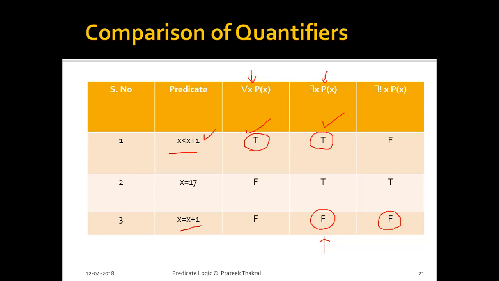So there cannot be exactly one x for which it is true. We can remember these two properties. If for any predicate the universal quantifier is true, then the existential quantifier will definitely be true. And if the existential quantifier is false, then the uniqueness quantifier will be false also.